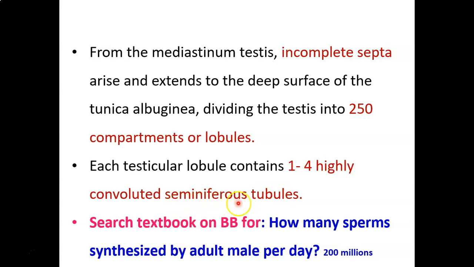The word seminiferous means producing sperm or semen. Here I have one question. How many sperms are synthesized by the adult male per day? The adult male synthesizes 200 million sperm per day. This is a huge number.